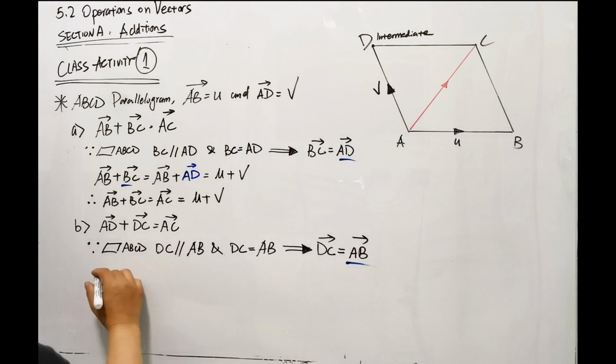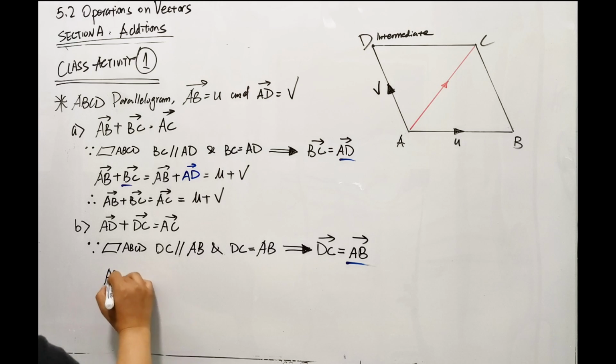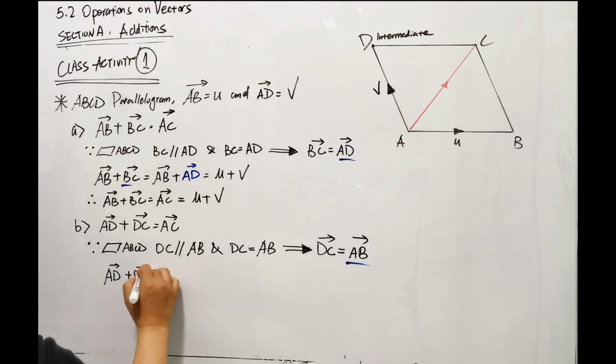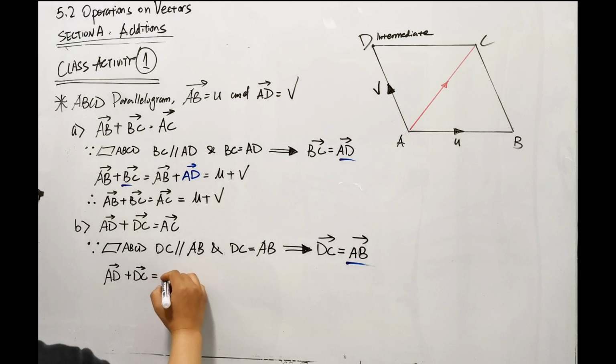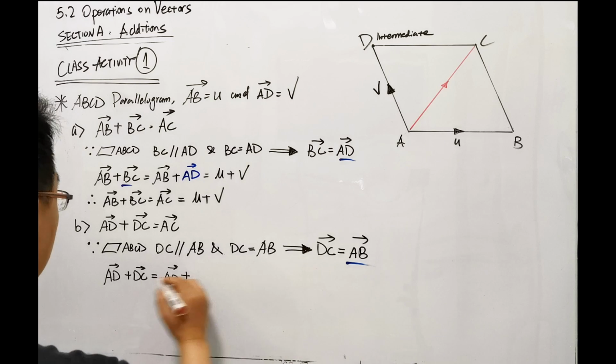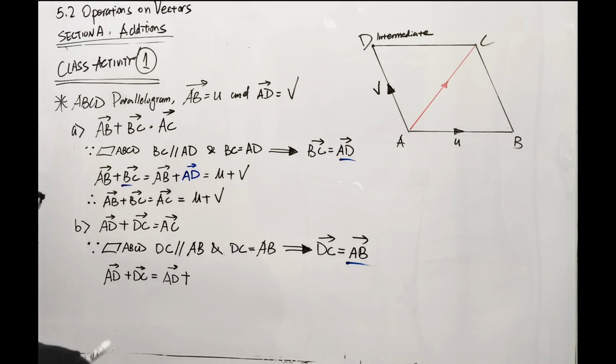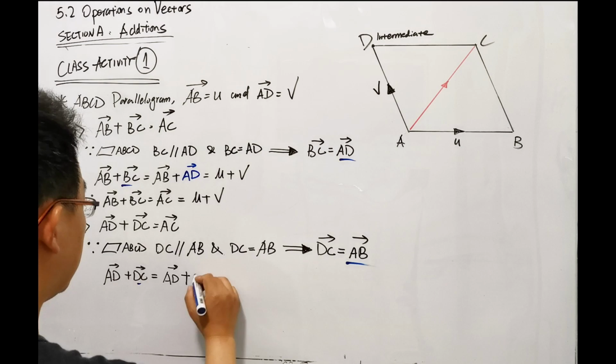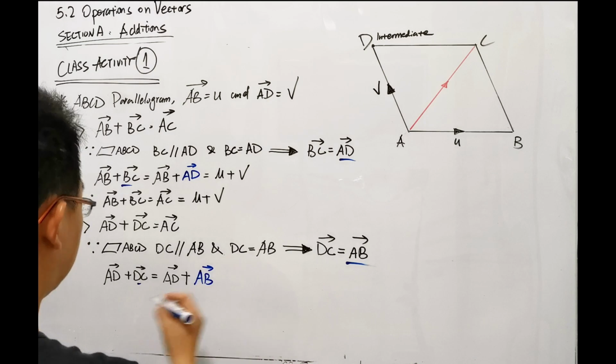We continue. Because AD plus DC equals AD plus, here we change DC to AB.